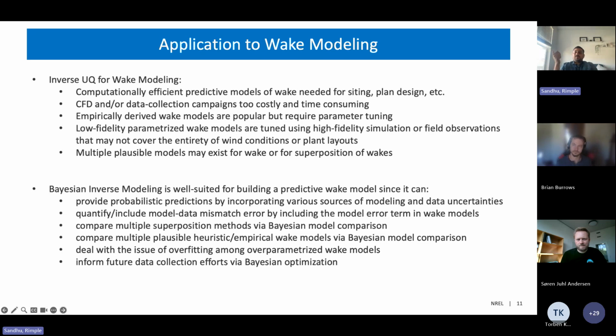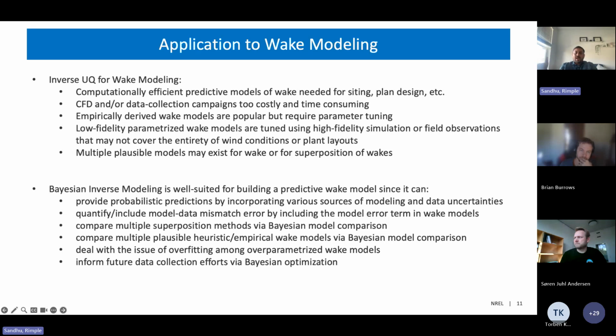I was reading a few papers and they mentioned you don't want to over parameterize wake models. Well, using Bayesian model comparison or sparse learning, you could propose an over parameterized model and the algorithm will tell you these parameters are redundant. You probably need to remove them if you want to enhance the extrapolation capability of that model.